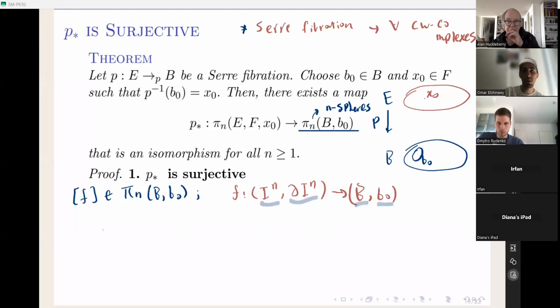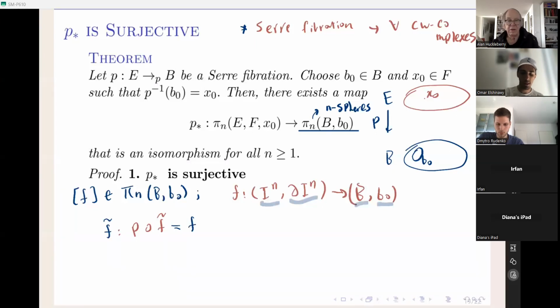And so we want to find the lift of F. So we want to find, let's say, tilde F, such that the projection of this function gives us our function back.